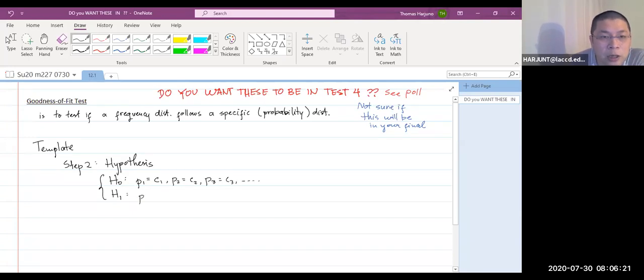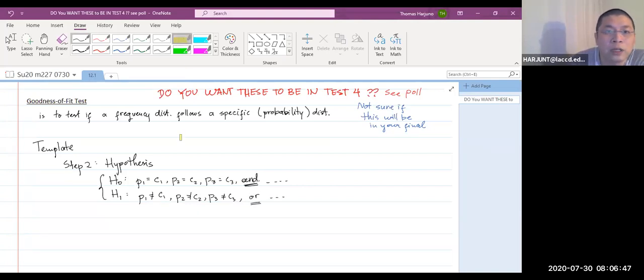And then the alternate hypothesis is basically not equal to, not equal to, not equal to. But the null will have the conjunction and, while this will be or. In other words, either all of these being satisfied or one of them not satisfied.